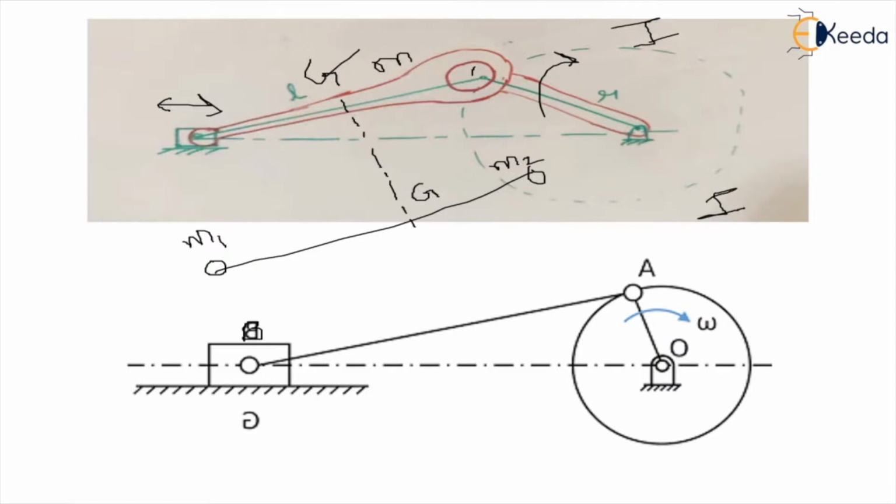So if I is the moment of inertia of the connecting rod, for the new system, if this distance is A and this distance is B, the moment of inertia becomes m1 A square plus m2 B square, which is equal to the moment of inertia I. So in the real system, when we replace this connecting rod with a dynamically equivalent system, the mass at the crank pin becomes, let's say, MA plus M2, and the mass at the piston becomes MB plus M1.